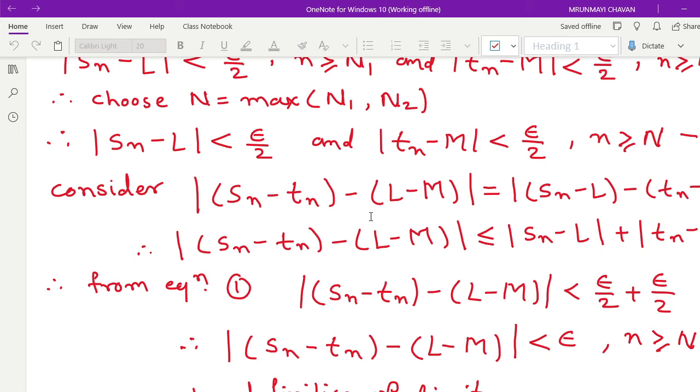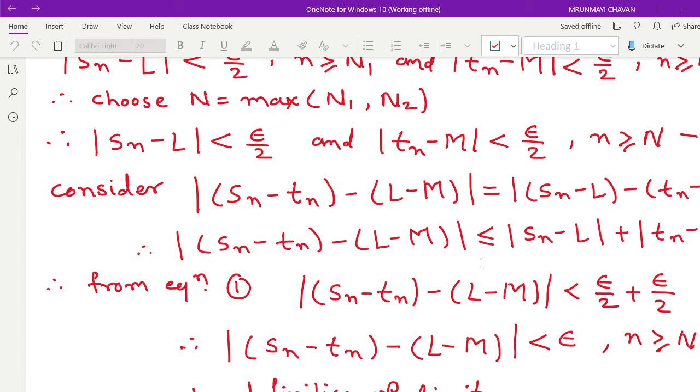So here we adjust these terms as Sn minus L minus Tn minus M. See here, Sn minus L, here is Sn, here is minus L, and this minus Tn minus M means minus Tn, minus minus plus M. Minus Tn plus M is here, here also minus Tn, and this is minus minus plus M. So this and this are equal, we simply adjusted the terms.